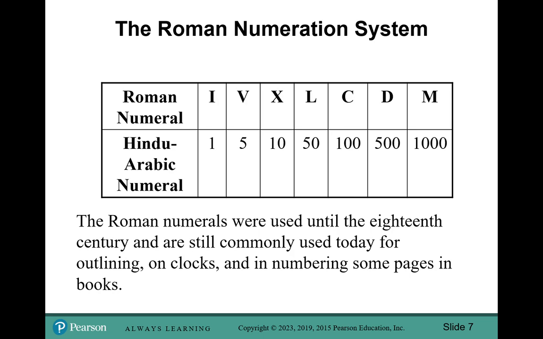Now, the Roman numerals, represented by I, V, X, L, C, D, and M, represent 1, 5, 10, 50, 100, 500, and 1,000, respectively. The Roman numerals were used until the 18th century and are still commonly used today for outlining on clocks and in numbering some pages in books.